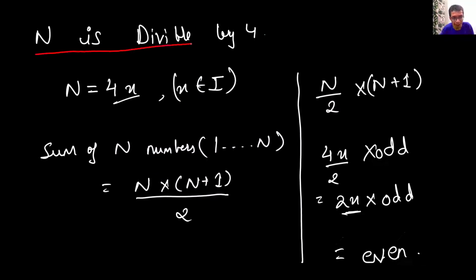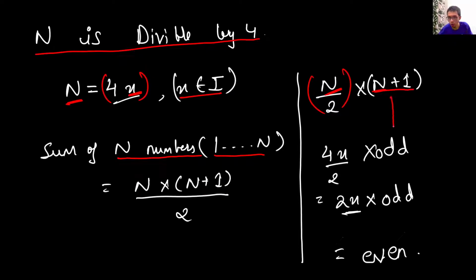When n is divisible by 4, we can write n as 4 into x, 4 into some integer. So the sum of n natural numbers is n into n plus 1 divided by 2, so it is n by 2 into n plus 1. Now n is even, so n plus 1 would always be odd.